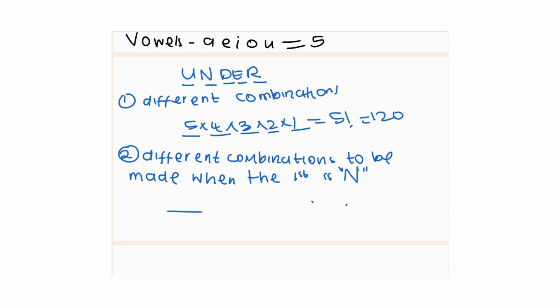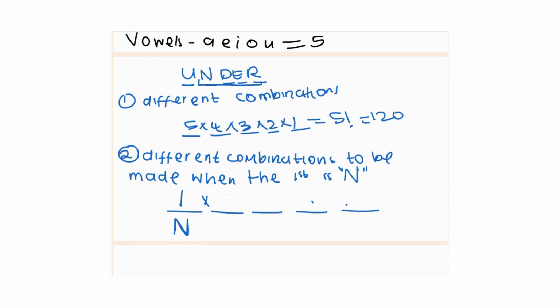You still put in your 5 spaces, and the first letter must be N. How many N's do I have? I have only 1, so I'm choosing from 1. So you put a 1 there, and if only the first letter must be N, the remaining 4 are the ones that can be arranged in any way. So you're left with 4 letters.